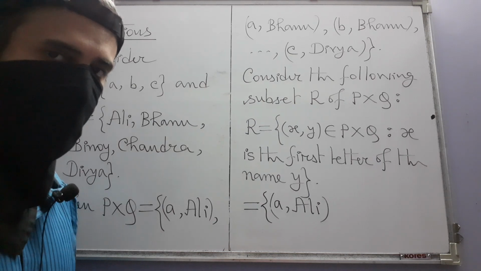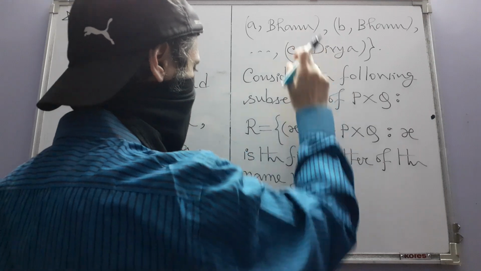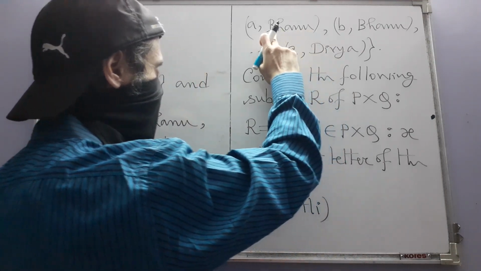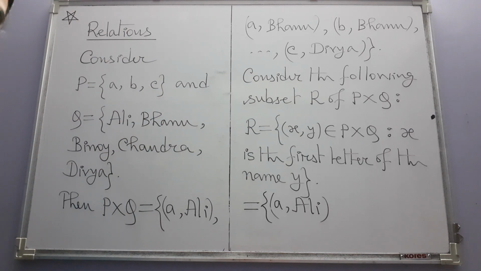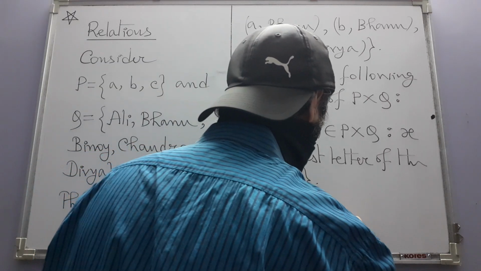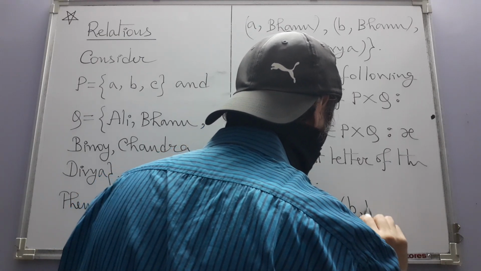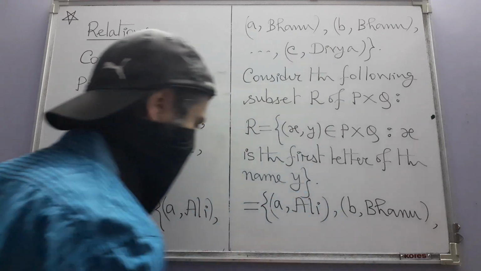I mean, it's just A, so A. This, however, this ordered pair won't belong to R because for this name, the initial is B, but the first component is not B. We will, however, have this.